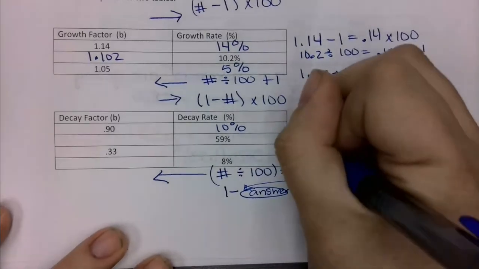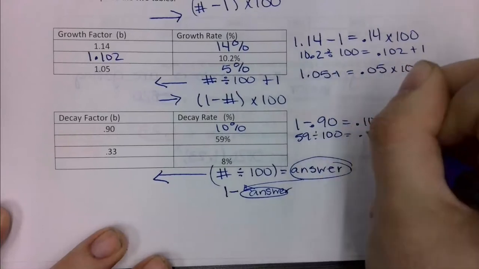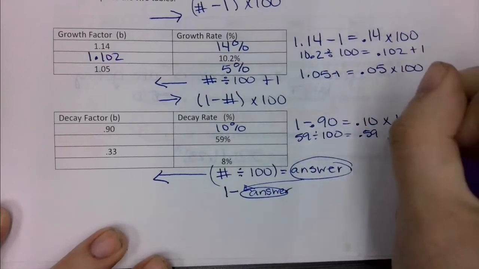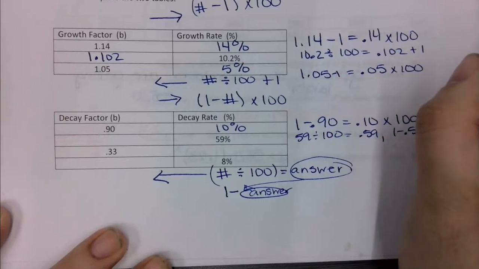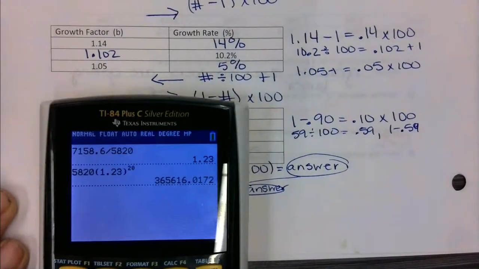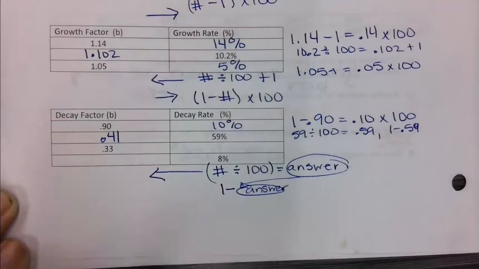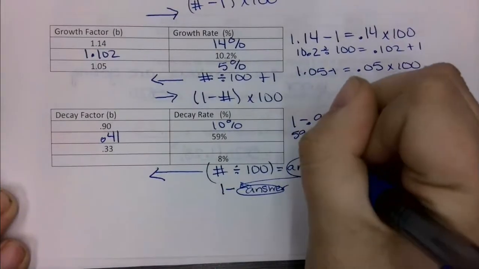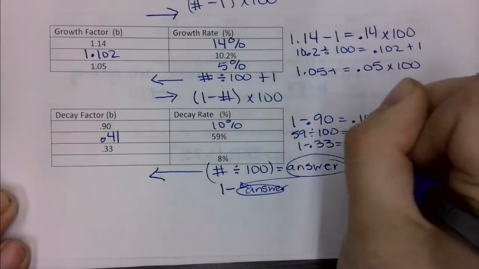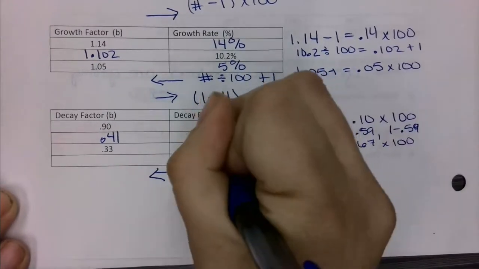So I have 59 divided by 100 gives me 0.59. Then I'm going to do 1 minus 0.59, and I don't know that one, which gives me 0.41. Okay. I'm going to do 1 minus 0.33, which gives me 0.67, times 100 is 67%.